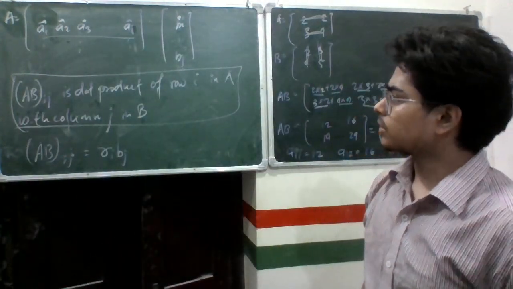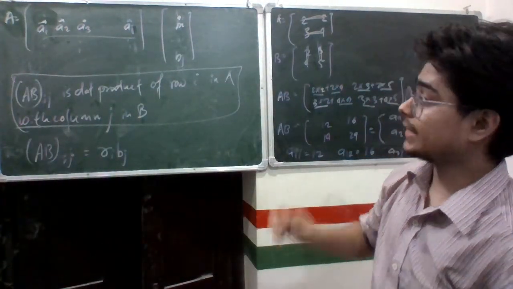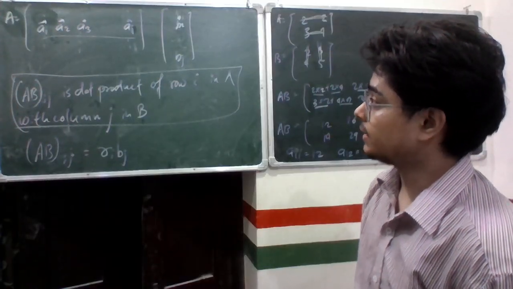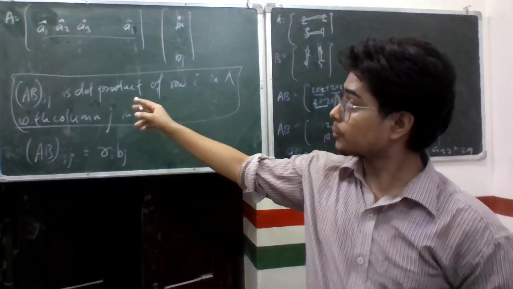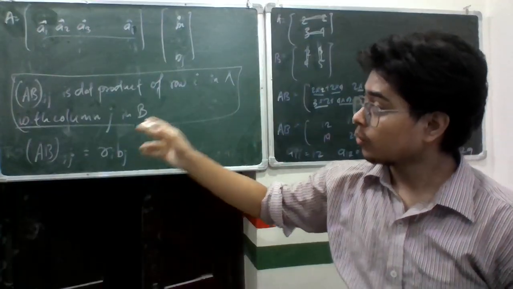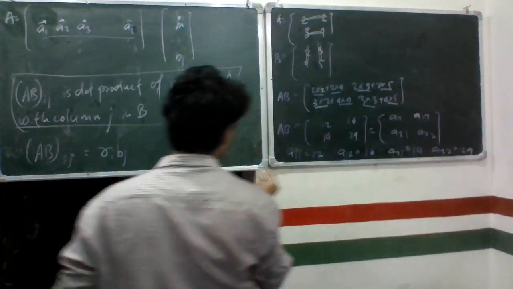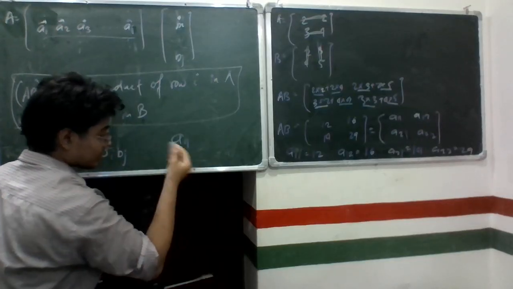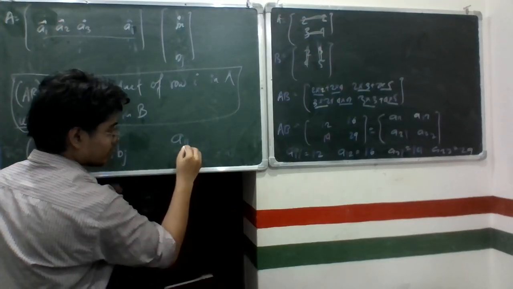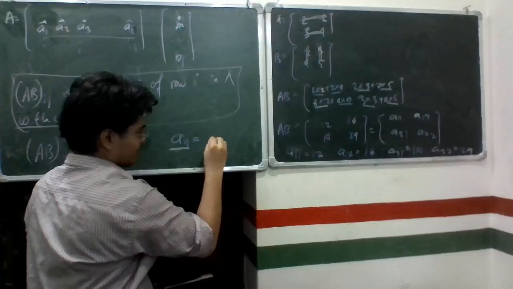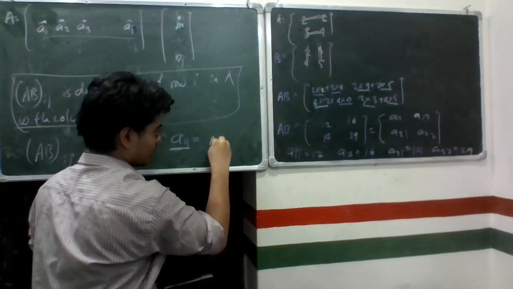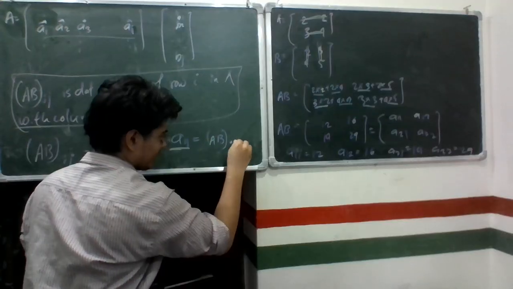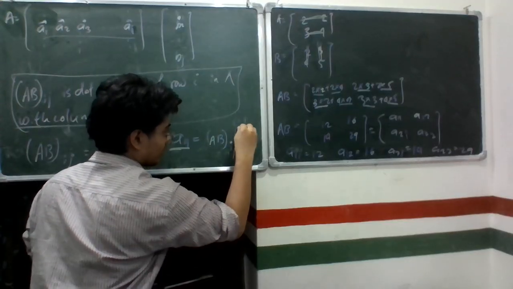To check the authenticity of that statement, we need to see what it says. It says a dot product of row i in A with column j in B. So for example, let's see (AB)ij. That means we are talking about the matrix given by the matrix multiplication of AB, and we were talking about ij, so i equals 1, j equals 1.